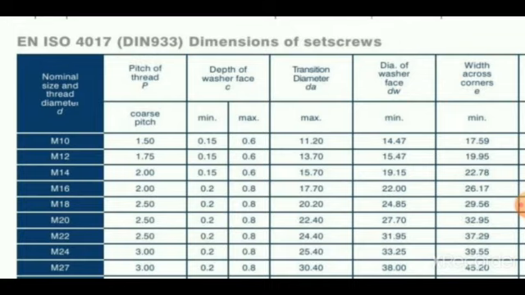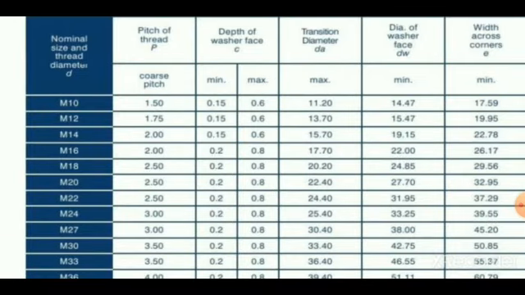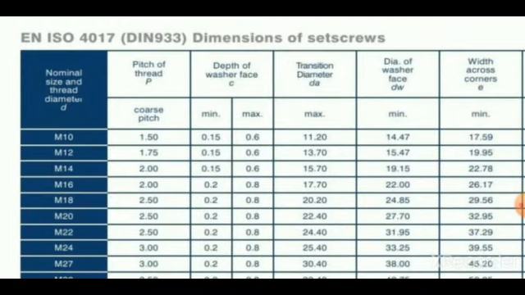So you cannot manufacture the bolt head or nut having sizes of M10.1 or 10.2. These are the typical shapes of the nut and bolt, and you can observe some of the other data they are providing, for example the pitch, depth, transition diameter, diameter of washer, and all that.